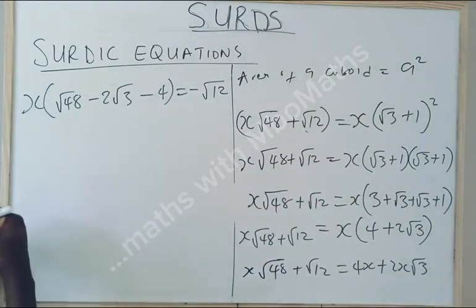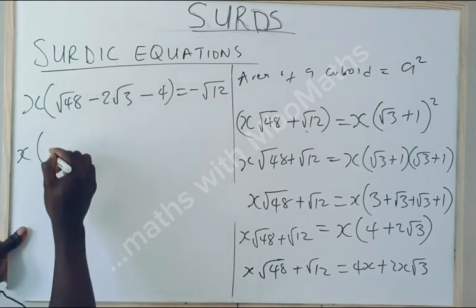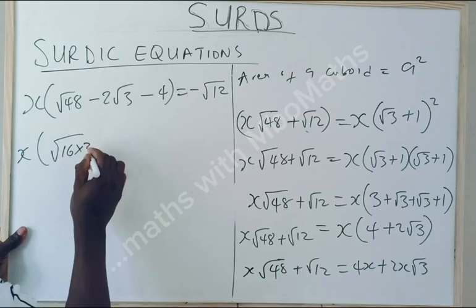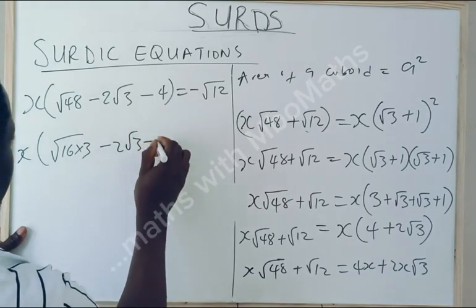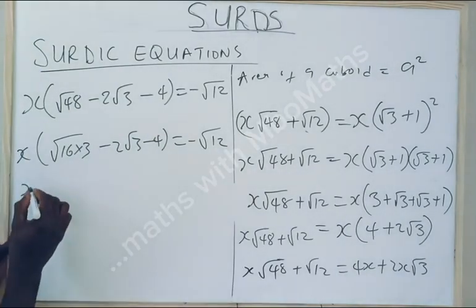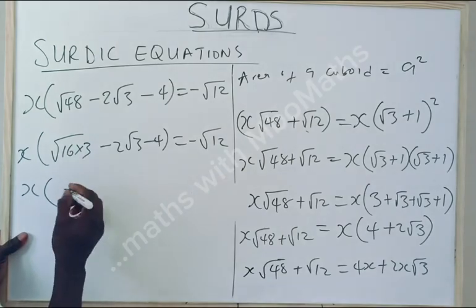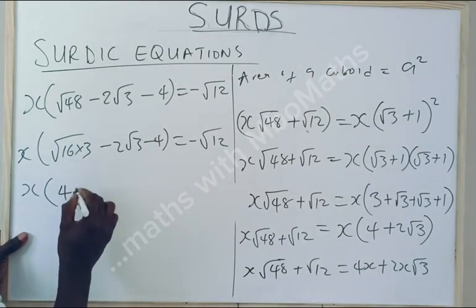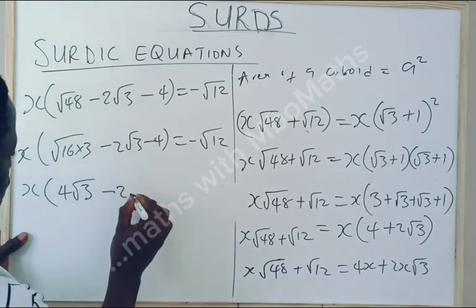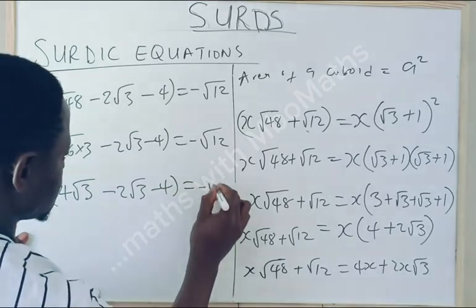If we continue that way, we are still going to have x into, remember root 48, we can write it as 16 times 3, minus 2 root 3 minus 4 is equal to minus root 12. It means that x into this, square root of 16 is what? 4. We have 4 root 3 left, minus 2 root 3 minus 4 is equal to minus root 12.